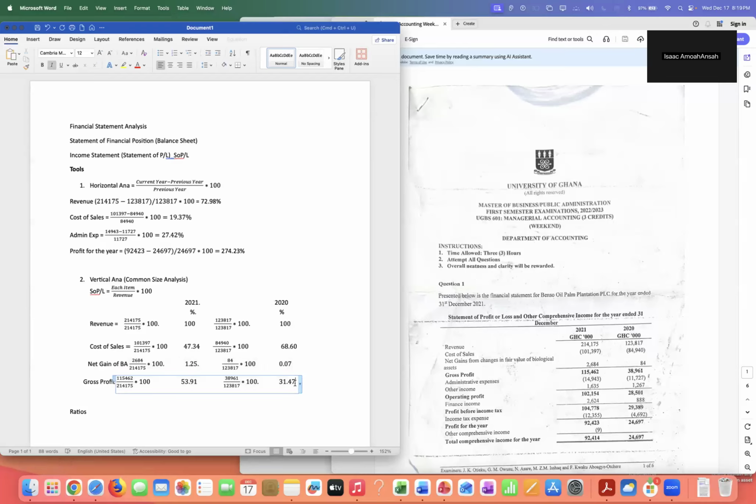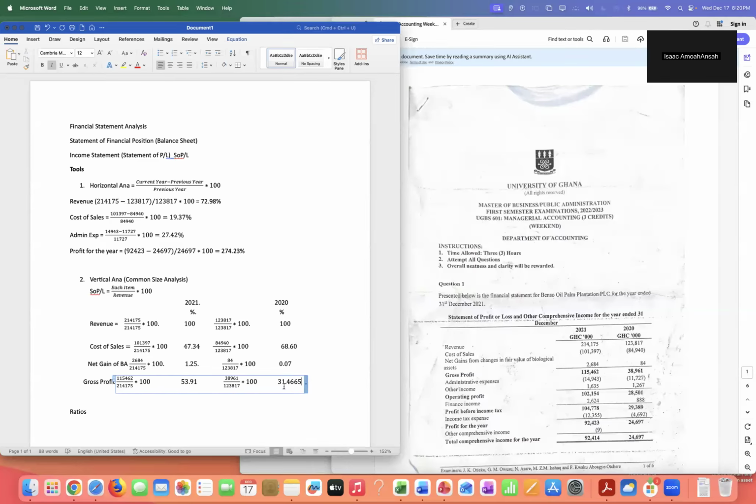Is it 46? Which number comes after the 6? So mention the answer that you generate when you divide this. 31.4665.